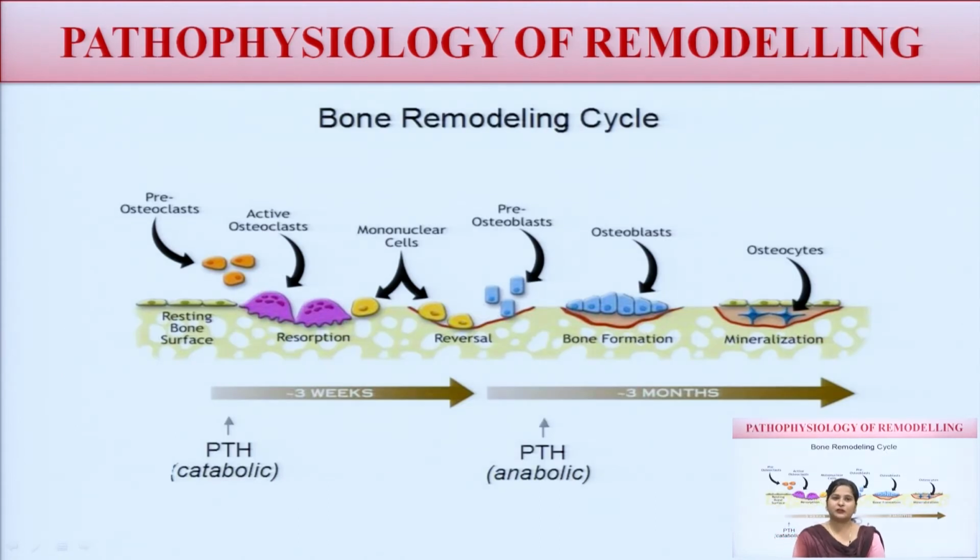Now the pathophysiology of remodeling. First of all, what is remodeling? Remodeling means that when the bone breaks down because of a fracture or any trauma, the bone reforms again and again in the proper shape.